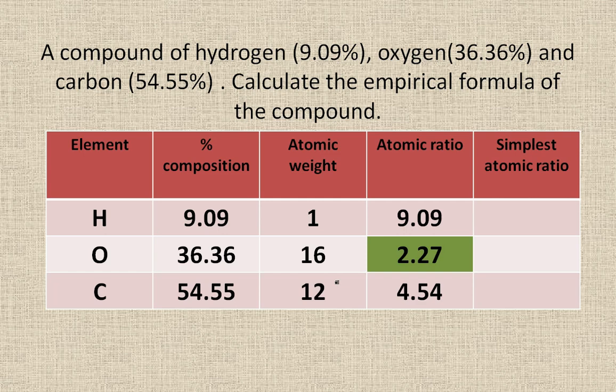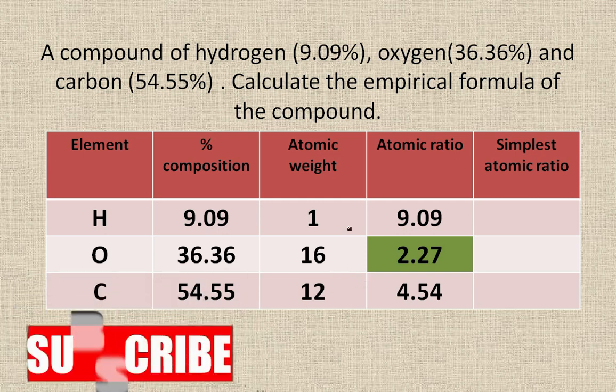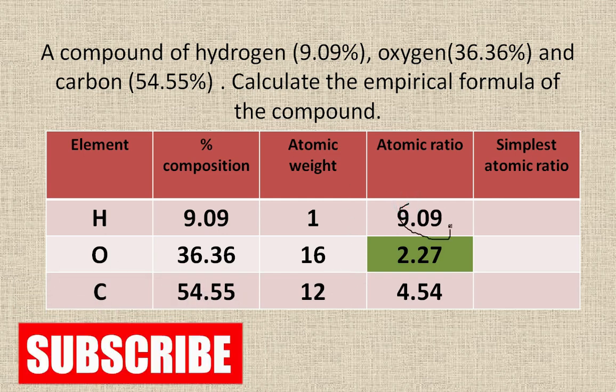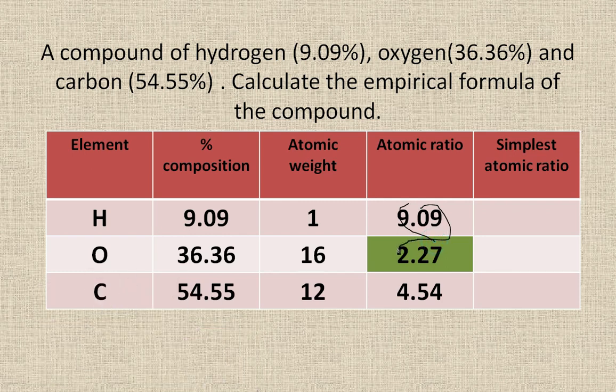So our next step will be, we'll divide all these values, 9.09, 2.27, 4.54, each with this value 2.27. I repeat, in order to obtain the simplest atomic ratio, we will divide all these atomic ratio values by the smallest one.